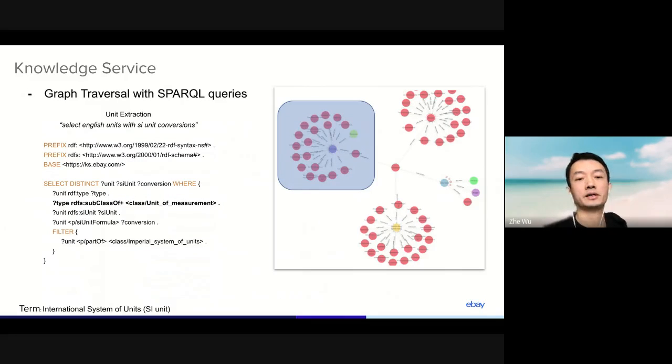Wikidata itself has a lot of information, a lot of definitions and relationships. For this particular application, we extract a subgraph, essentially a units-related subgraph. On the left, you see a particular SPARQL query. We use recursion to pull out all the sub-concepts of unit of measurement. So this is our baseline.